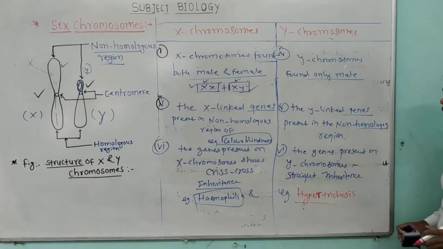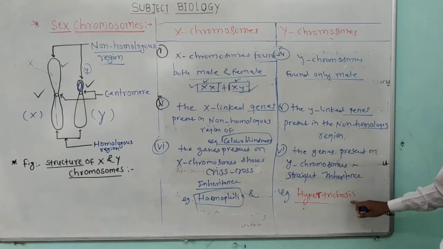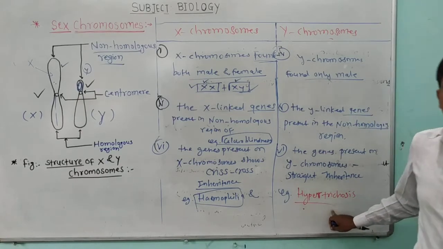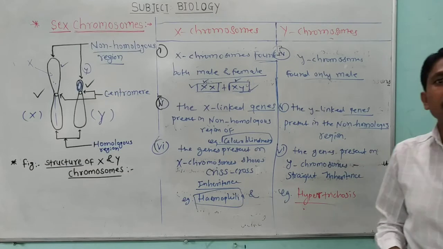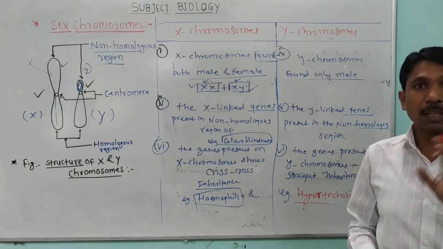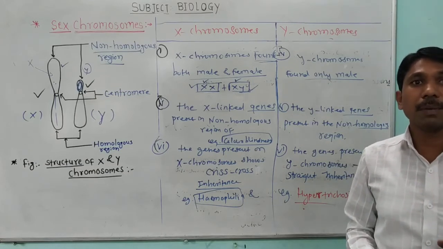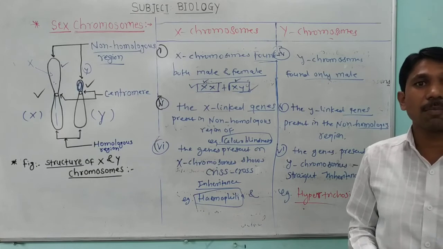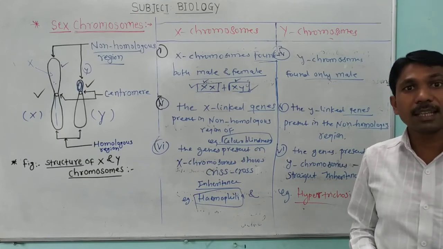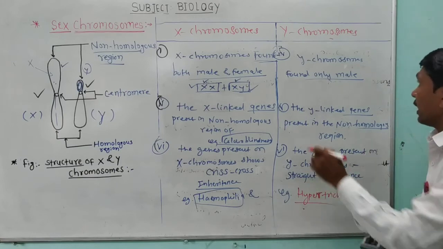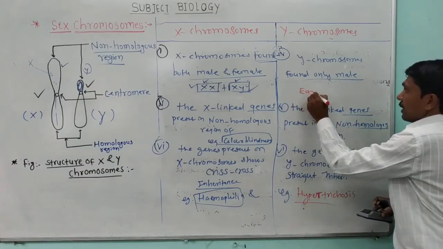That means the holandric genes present in the male human being cause the presence of hair or hairy outgrowth on the outer surface of the ear pinna.